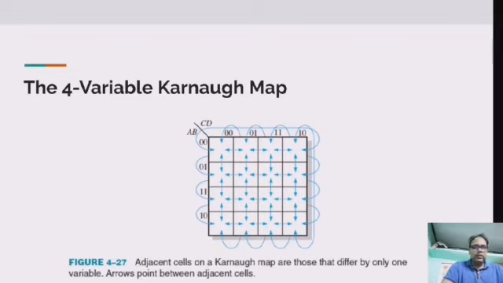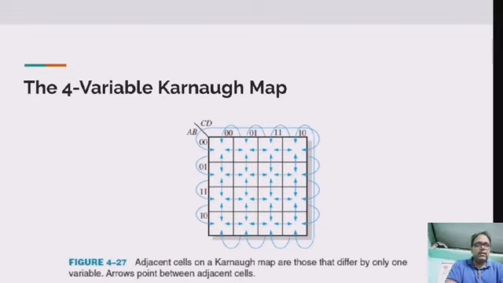Now see this diagram. This is called cell adjacency. What actually is cell adjacency, as shown in this diagram: the Karnaugh maps are arranged so that there is only a single variable change between adjacent cells, and adjacency is defined by a single variable change.